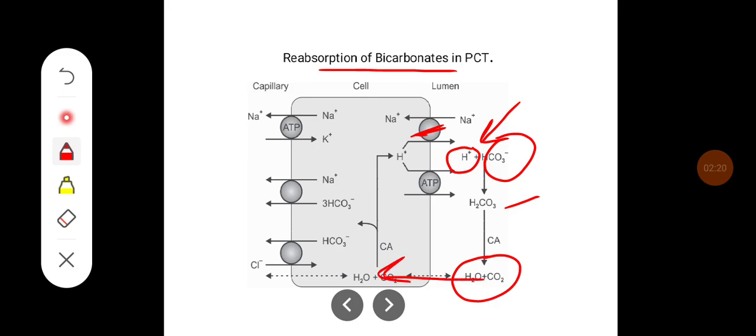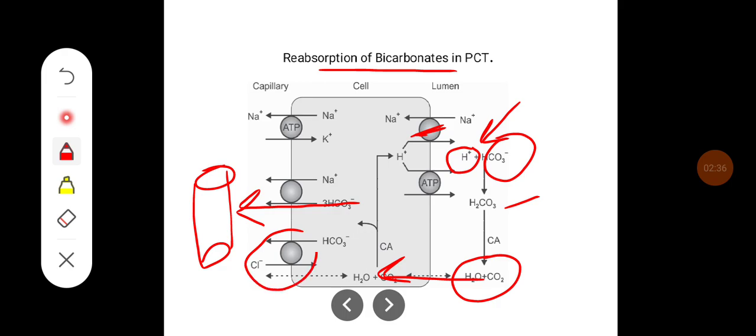When it is reabsorbed, again in the cell it forms H plus ions and bicarbonate ions, and bicarbonate is transported to the capillaries, and that too occurs as an antiport with chloride ions.